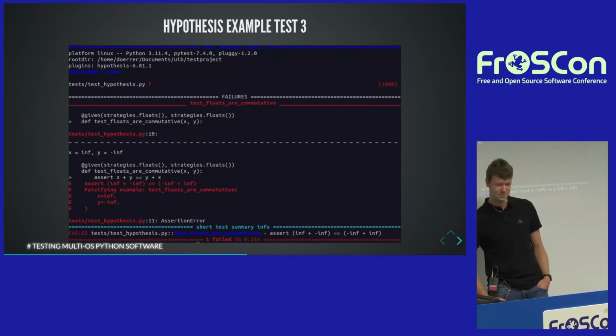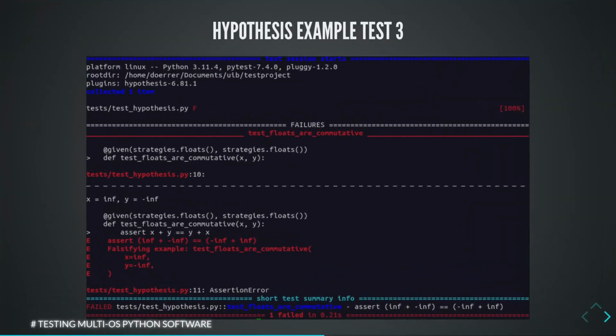This may be a surprise for some. For me, at least, it was. Mathematically speaking, that should be the case. But for Python floats, there are some special values. Here you get this example, the example where it failed.